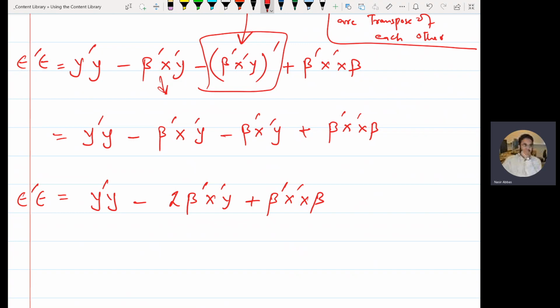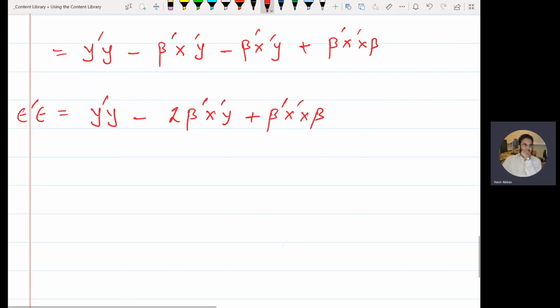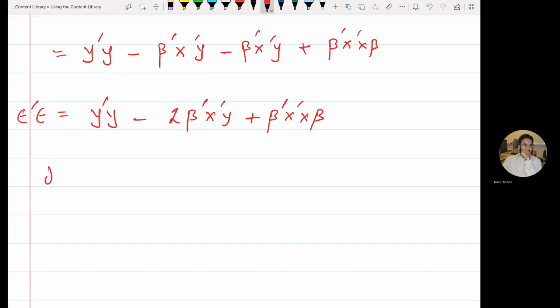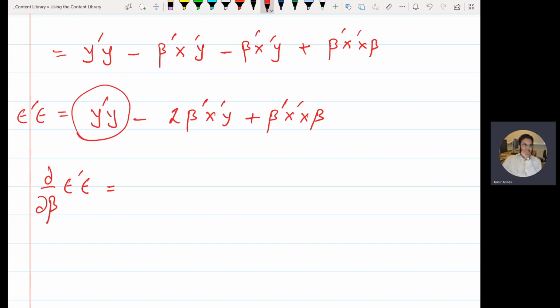Now I'll differentiate this whole thing with respect to beta. What is the derivative of this thing with respect to beta? Is there beta in there? Nowhere. The derivative will be 0.